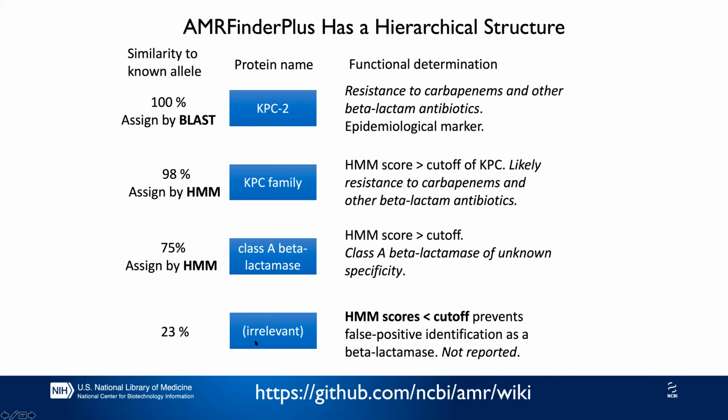And the key thing is we have cutoffs. So if something is really divergent, we will say it's not a beta-lactamase. And that's actually an important thing for tools to do. Again, with manual curation, regardless of what method you're using, this allows you to have some biological intuition in your software.